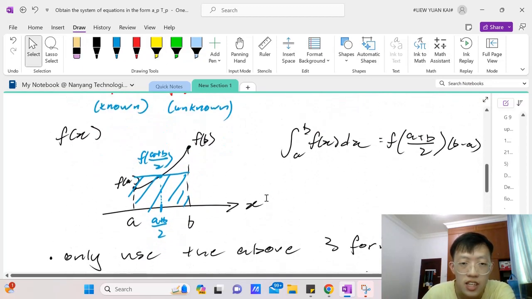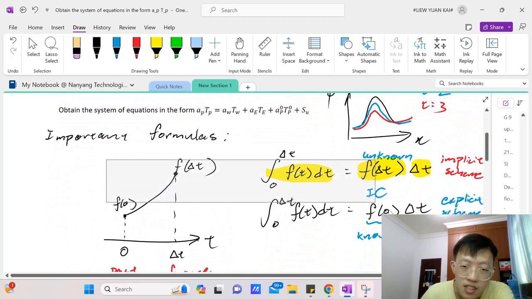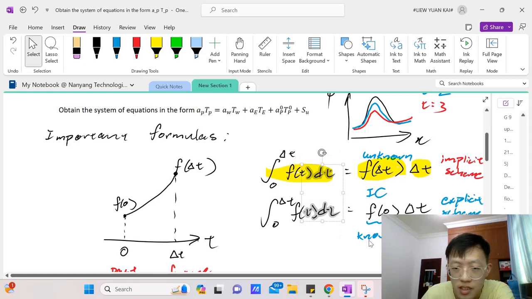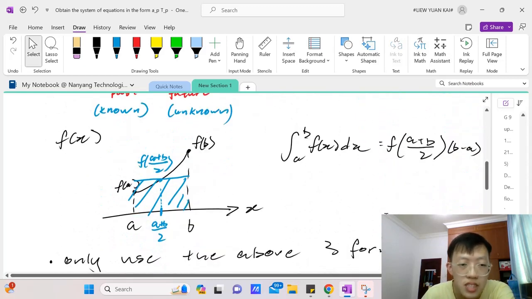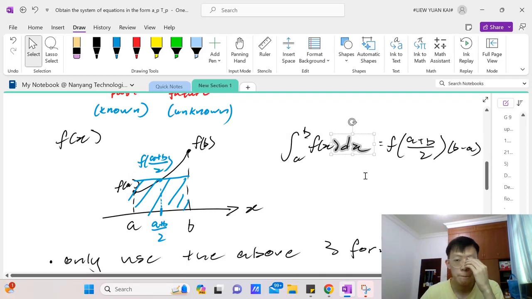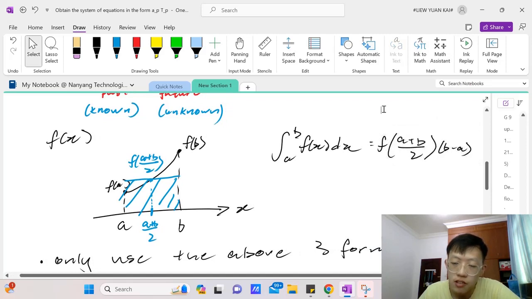It's this formula. These two formulas are with respect to time, so we don't use those. We will use this formula. It's with respect to space.